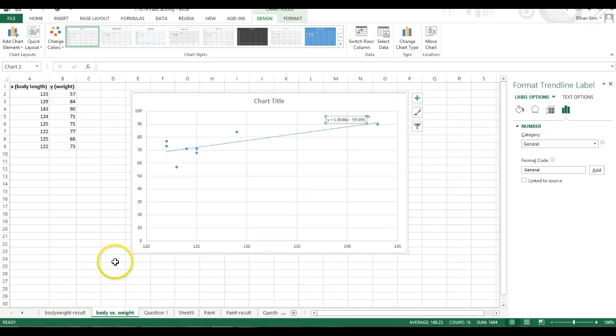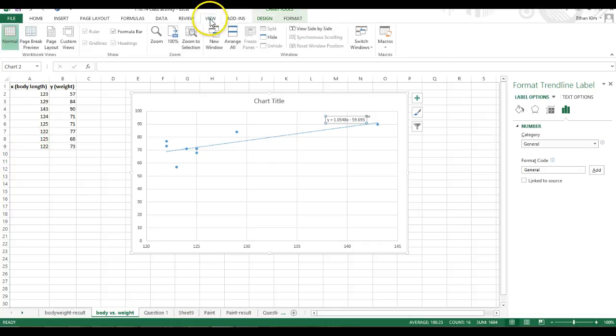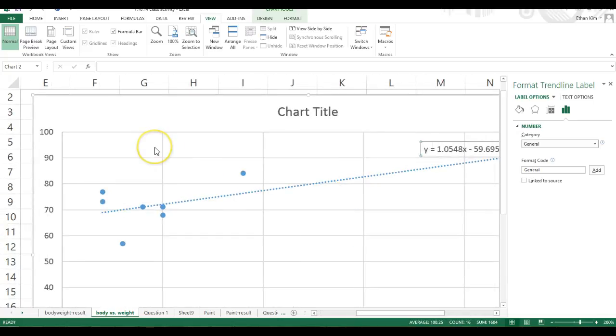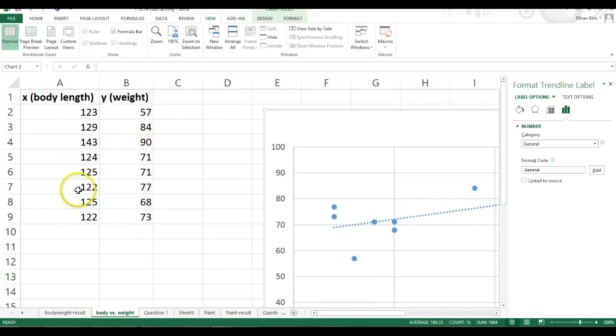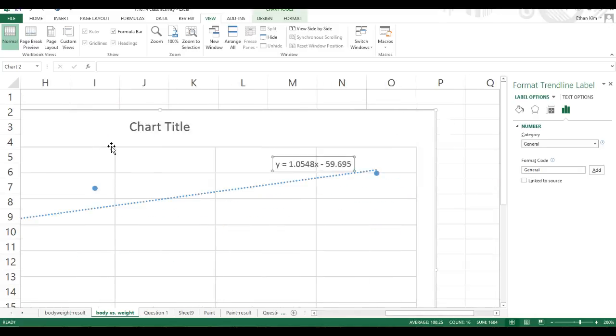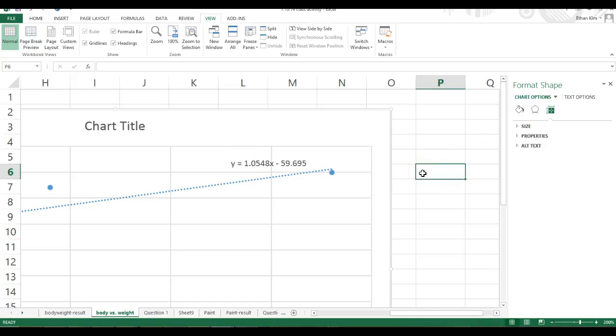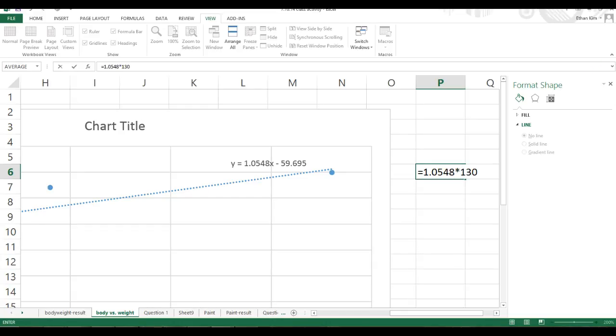What if we are looking for a value at 130, because we don't have 130 here, right? We want to make a prediction for 130 for x. So we use this equation that we were given before, this one, right? So we're going to do equals 1.0548 times x, and x was what? 130. This is the number that we're looking for.